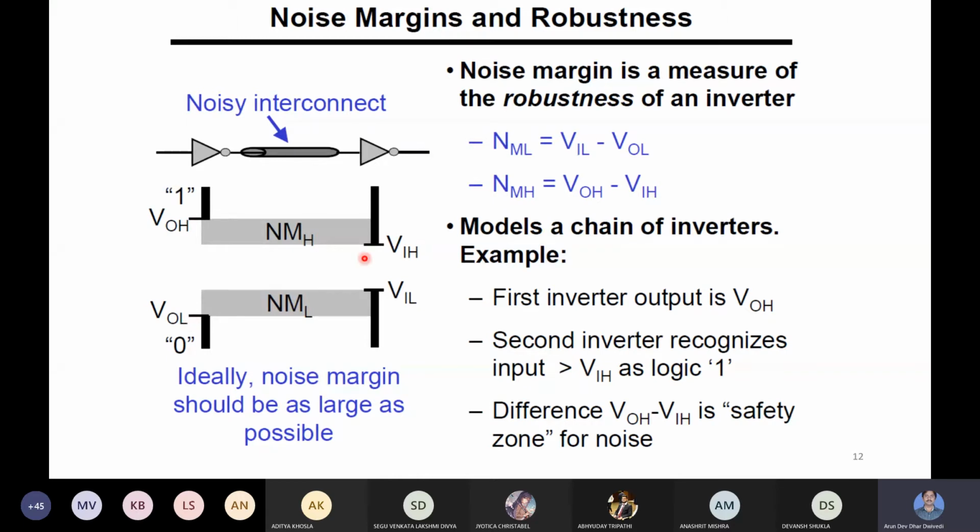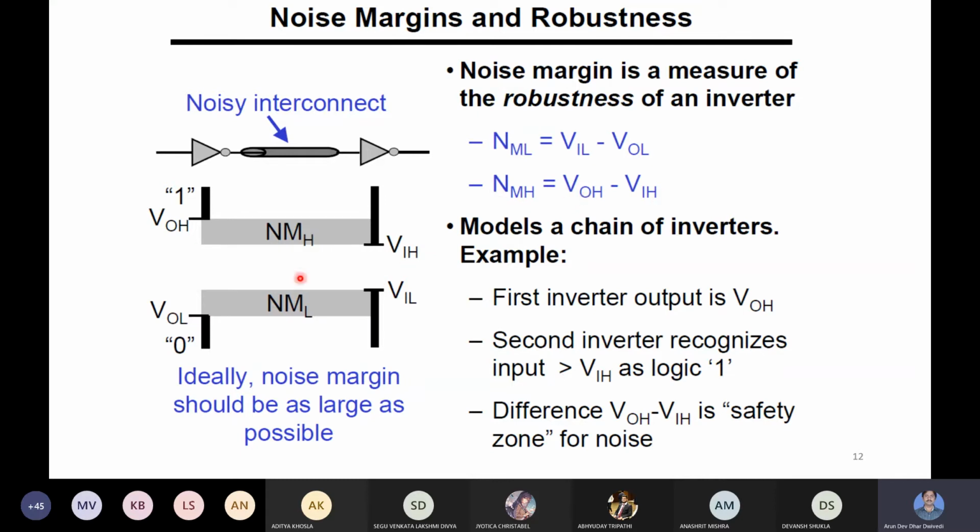At the input side also we have defined two parameters, VIH and VIL. So we can calculate noise margin high and noise margin low. NML is VIL minus VOL, and NMH is VOH minus VIH.